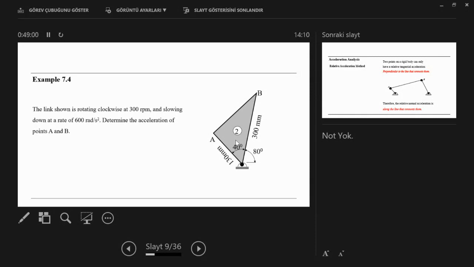Student: Hocam, why? It's written that the normal acceleration is omega square times r.